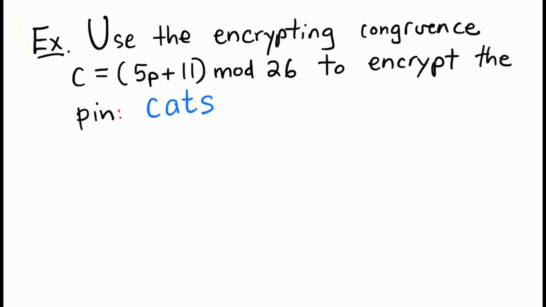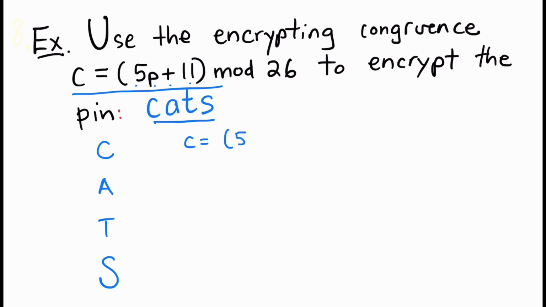So we're going to use the congruence 5 times P plus 11 mod 26 to encrypt cats. So I'm just going to start with my letters here, C, A, T, and S. And so how do I find the ciphertext position? So I'm going to start with the 5 times P. So the position of C we know is 3, plus 11, mod 26.